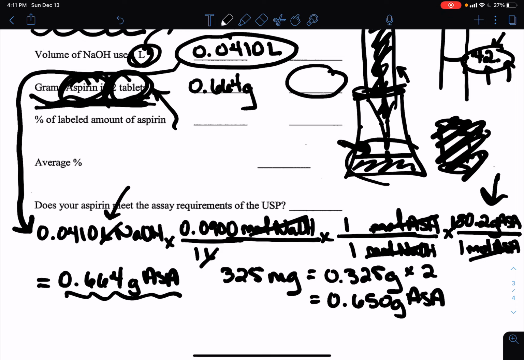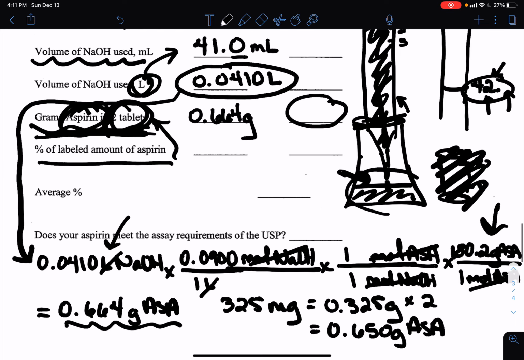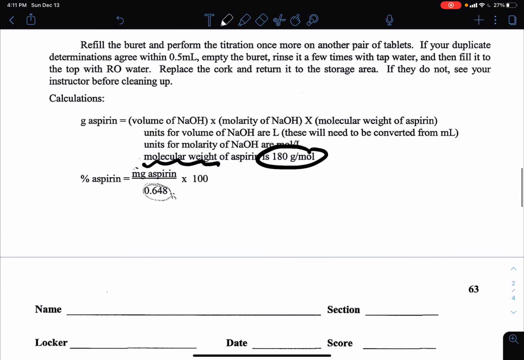And then you'd go, okay, percent of labeled amount of aspirin, what on earth is that? And you'd go back to this little equation here and you'd read it and you go, there seems to be something wrong with this. Okay, first of all, on the bottom, what they've got there is grams, but they've got milligrams on the top. So that doesn't quite work. And also this is 0.648 instead of 0.650.